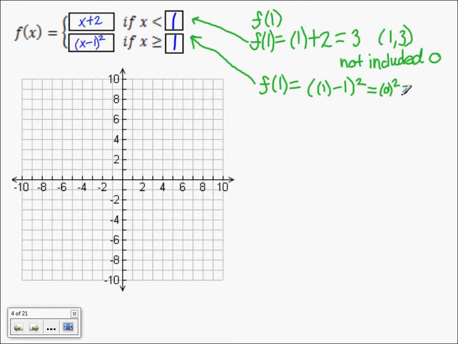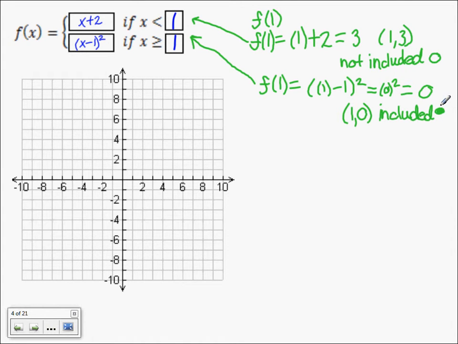Then we have to square it, and we get just 0. So we get the point 1 comma 0. And this will be included because it has the equal to part in the inequality. So this is included and denoted by a closed circle.